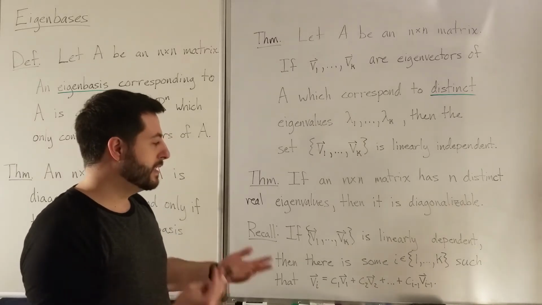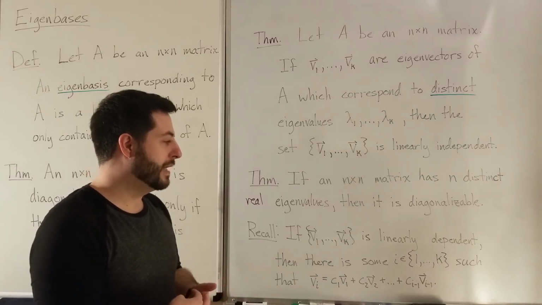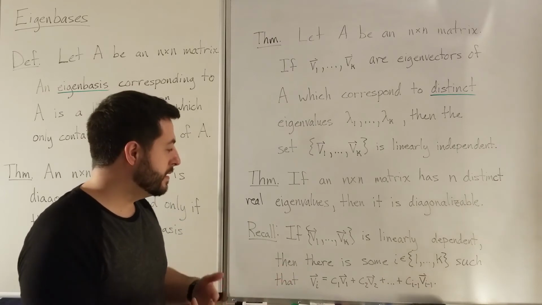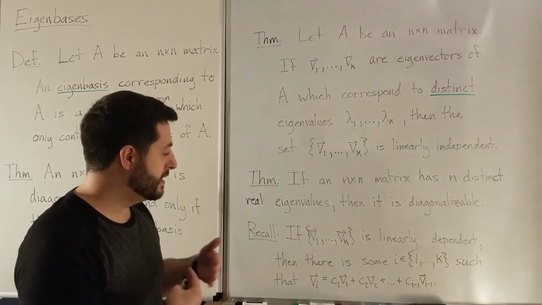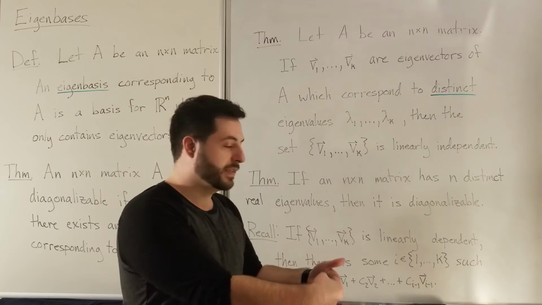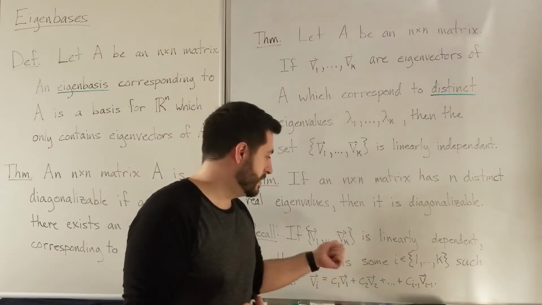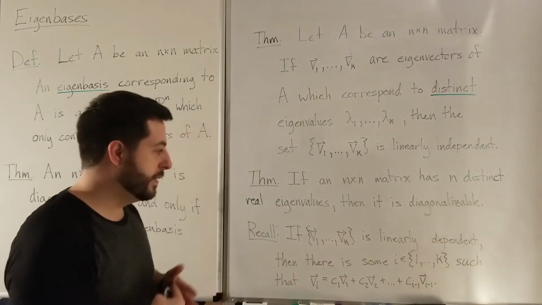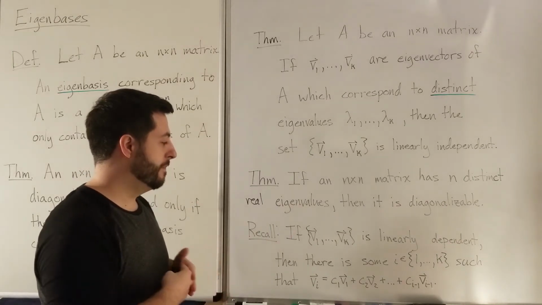So we know that there is some vector that can be written as a linear combination of the other ones, but this specifically says that some vector can be written as a linear combination of the ones strictly before it in this ordered list of vectors. So we don't need the later vectors.